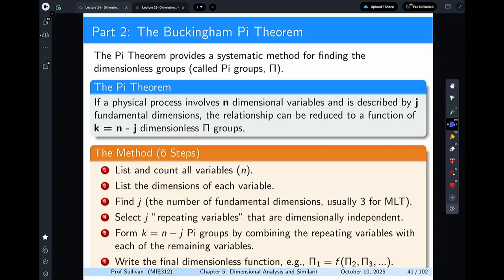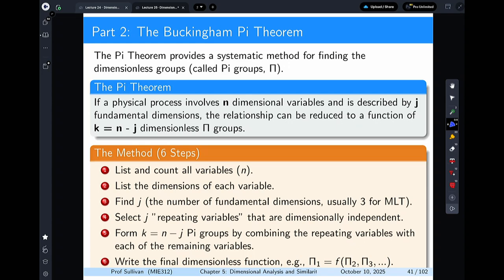So you list and count all the variables, n, and you list the dimensions of each of the variables. Again, up to you, but if you have looked at the updated crib sheet that I just posted yesterday, you'll notice that on each of the variables I've also listed all of the FLT and MLT, so force, length, and time, and mass, length, and time terms.